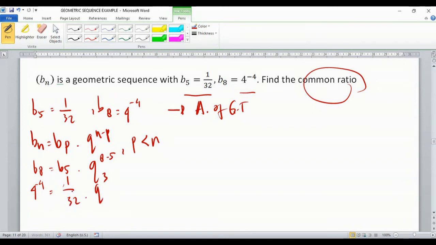So from here, we know that 4 is 2 to the power 2, so 4 to the power minus 4, it's equal to, and 32 is 2 to the power 5, so 1 over 2 to the power 5 times k to the power 3. So we can finish this one: 2 to the power minus 8 over 2 to the power minus 5 is equal to k to the power 3.